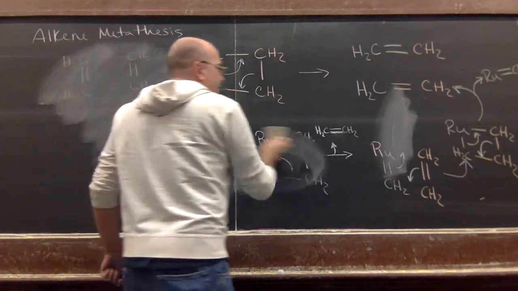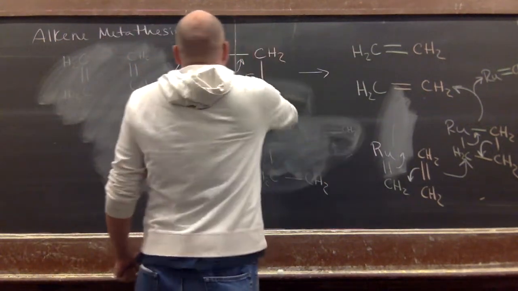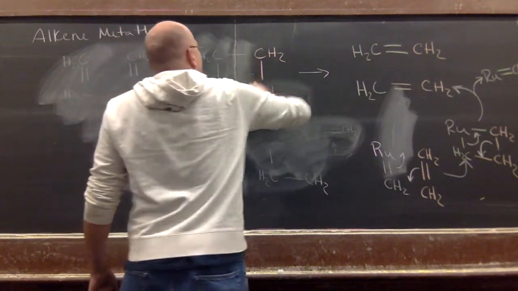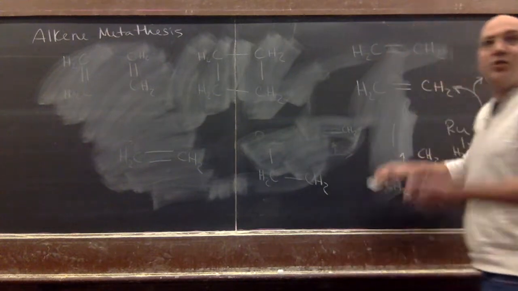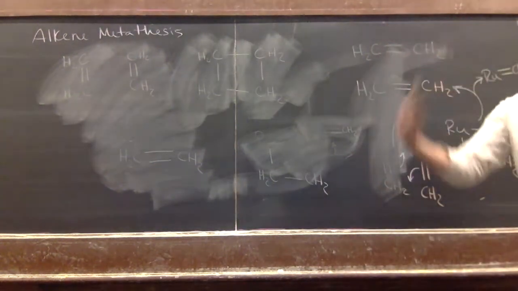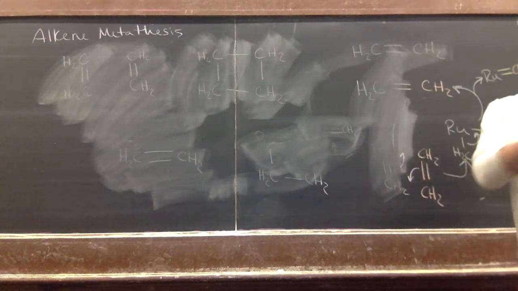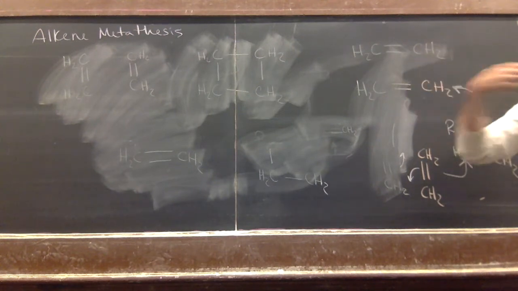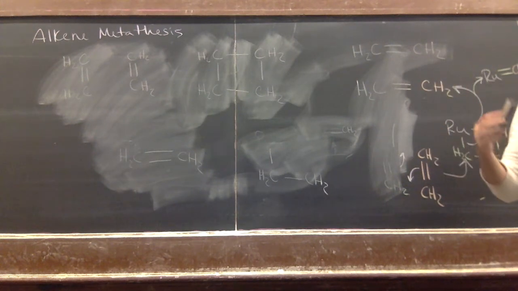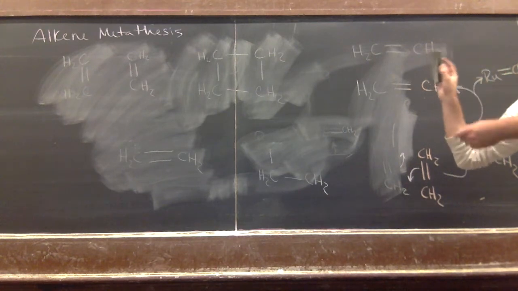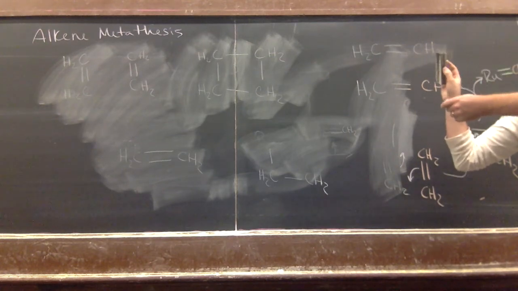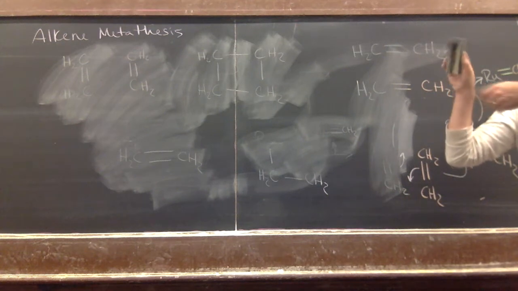So everybody should have a piece of paper and pencil out, because the mechanism of metathesis is fairly straightforward. It's just 2 plus 2, retro 2 plus 2, 2 plus 2, retro 2 plus 2.